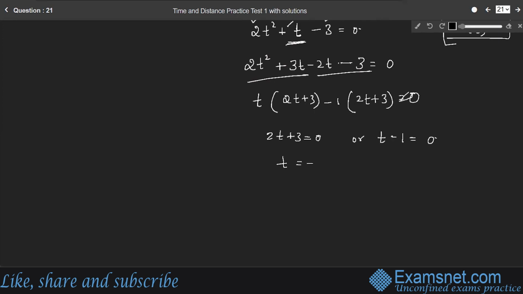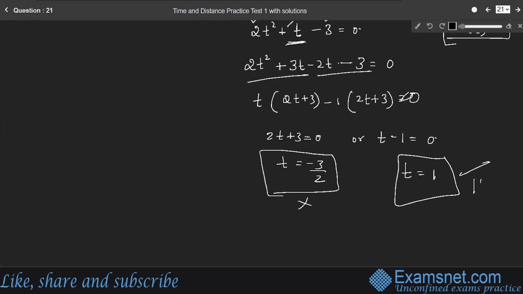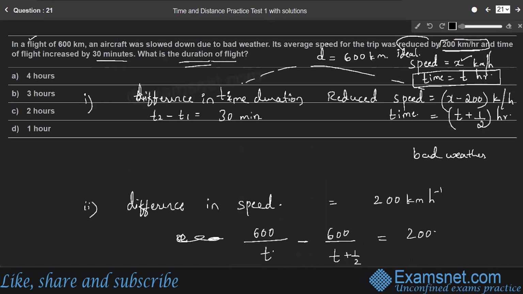Here t becomes minus 3 by 2, but time cannot be negative. Therefore t equals 1. Which is the right answer? 1 hour. The duration of the flight in ideal condition is 1 hour. Option D is the right answer.